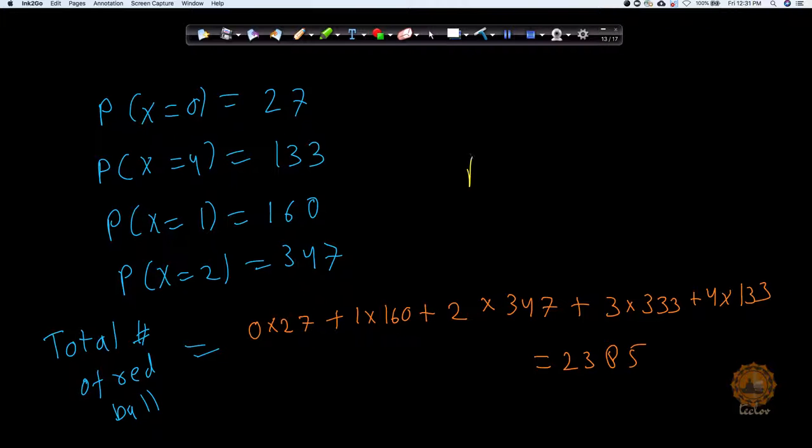So P of x equal to 3 is going to be 333. So here 3 into 333, because you are drawing 3 red balls. 4 into this, because you are drawing 4 red balls. So multiply by 133 and you get 2385. This is the total number of red balls you're going to have.